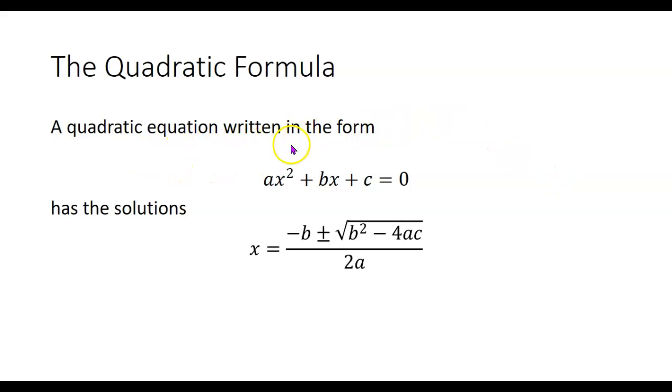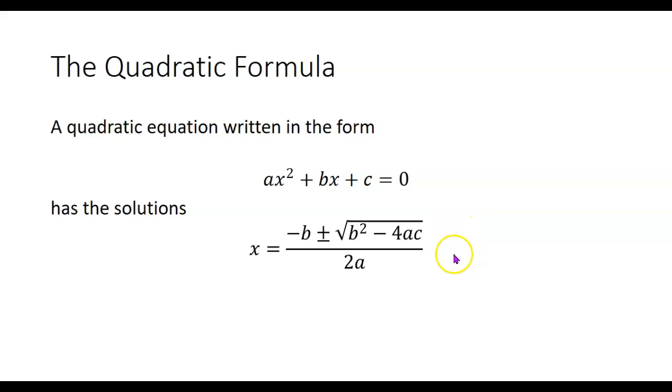A quadratic equation written in the form ax squared plus bx plus c equals 0 has the solutions x equals negative b plus or minus the square root of b squared minus 4ac all over 2a. So this is the famous quadratic formula.